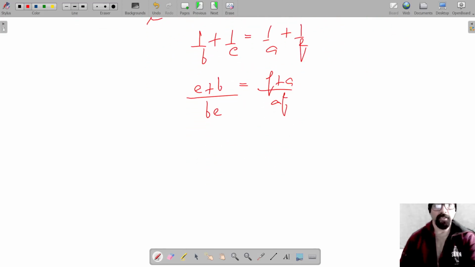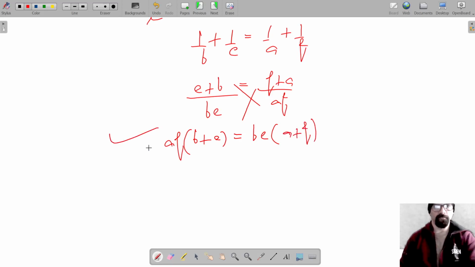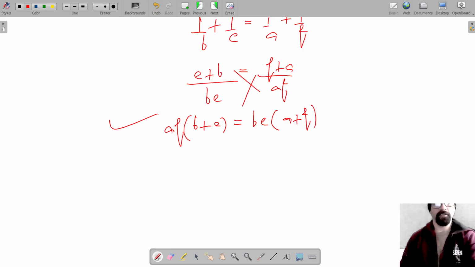Let's cross multiply this, so A into F into (B plus E) is equal to BE into (A plus F). If this is the result, then according to this, (A, B) is in relation with (E, F).